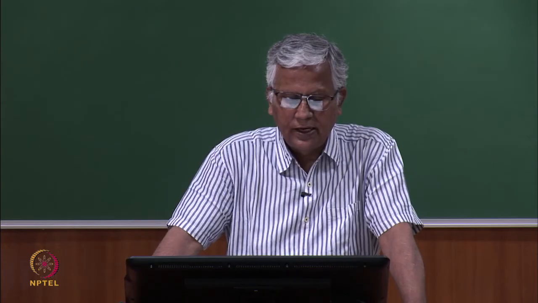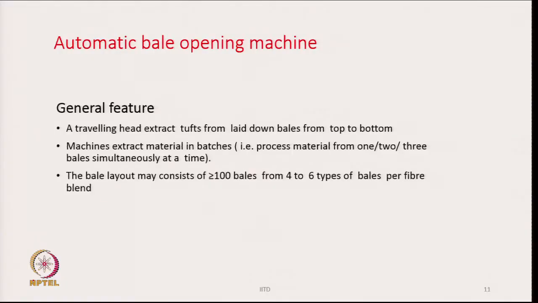A travelling head extracts tufts from laid down bales from top to bottom. Here the manual operation is no more there. In the earlier machines, we used to peel off the material from the bale manually and then dump it onto the feed lattice of a bale opener.